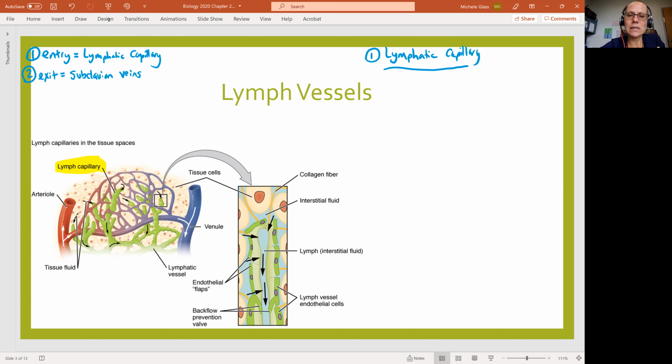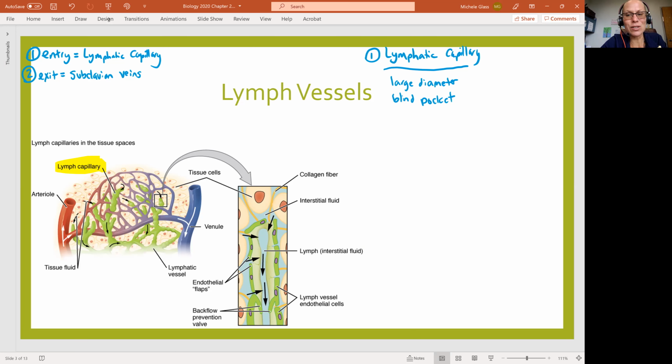Now, what we're going to see with the structure of the lymphatic capillary is that we have a large diameter. The capillary can be described as a blind pocket, which means it just starts here in the body. So it's not a circuit, it's not connected on both ends to vessels.